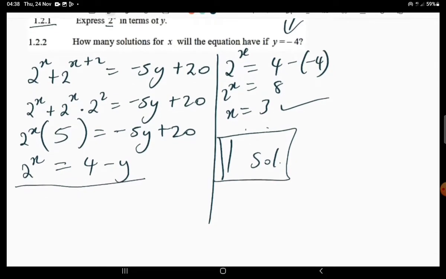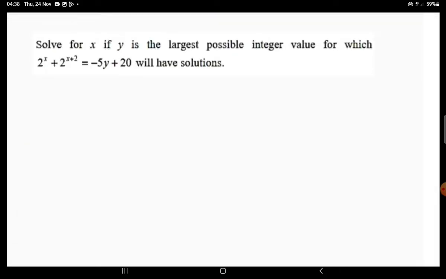So that's it. Solving the last question says, solve for x if y is the largest possible integer value for which this function will have solutions, which means there are some values of x that this may not have a solution, and there are some values of y that makes this one to have solutions.